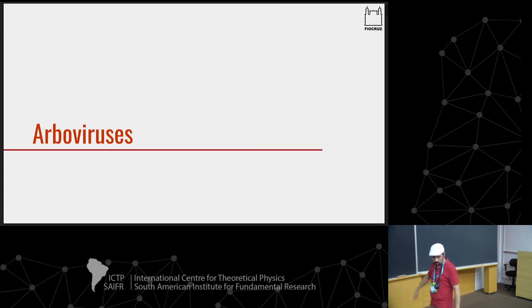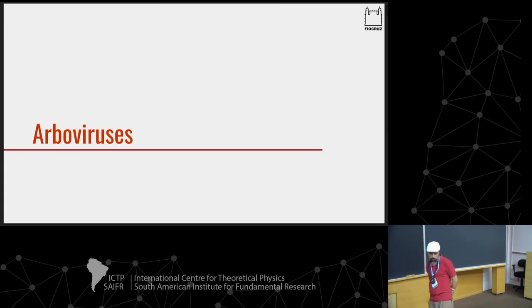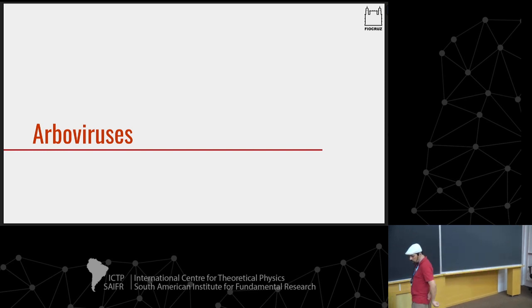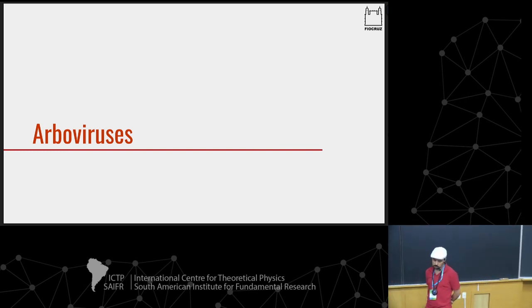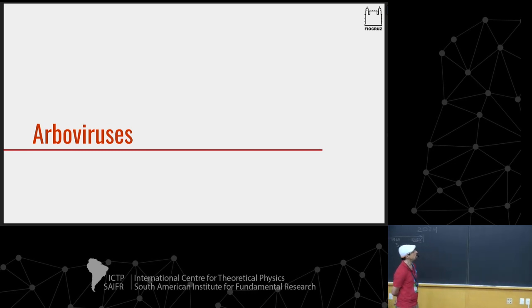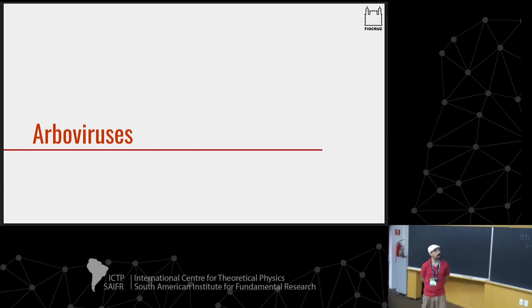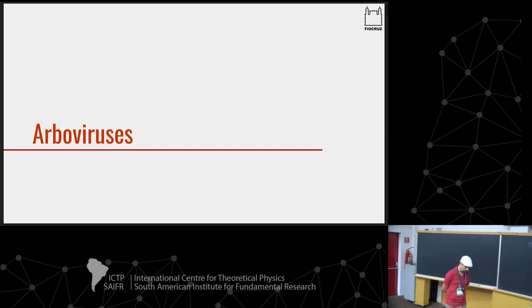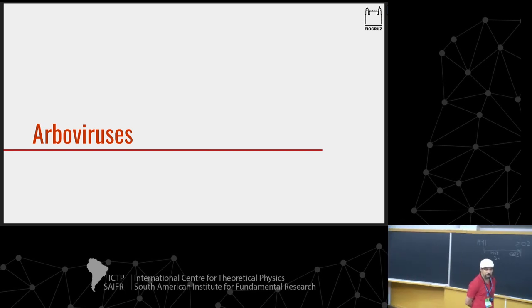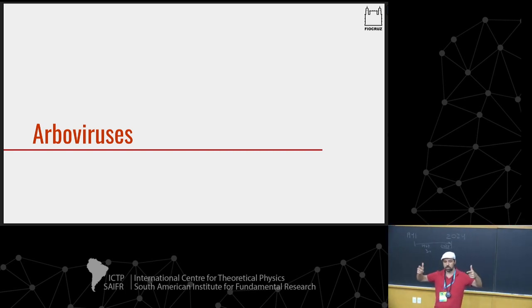So I won't go into the details about what we are doing in terms of arboviruses because it's already 10 minutes to 11. But what I was going to show is that those types of analysis can also be done, and we actually run some of them for arboviruses, but we can also provide those scenarios in terms of what is expected and alarm triggering.